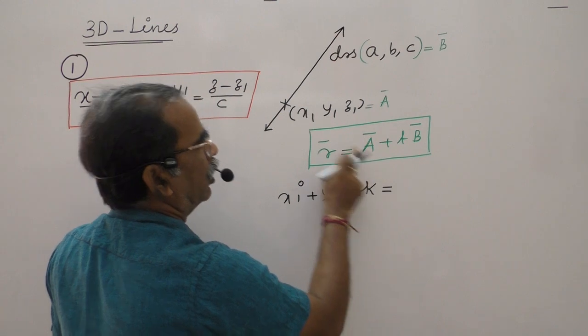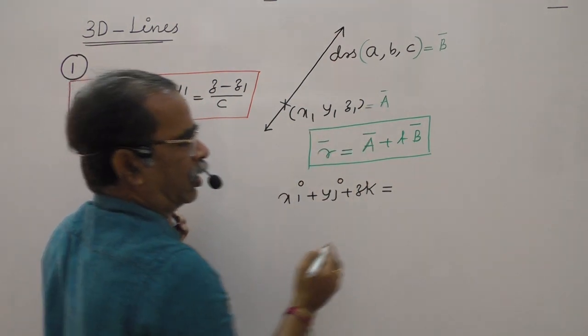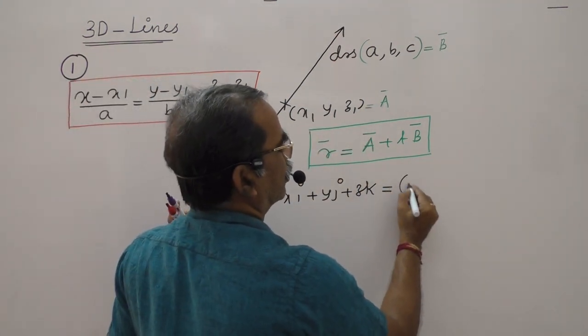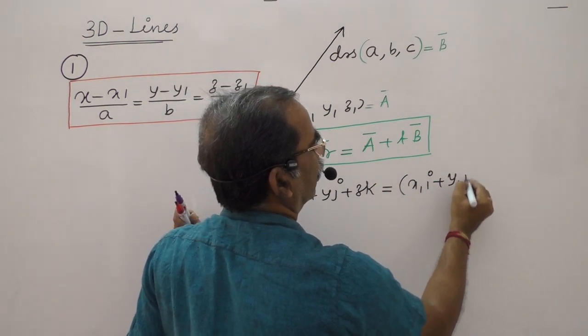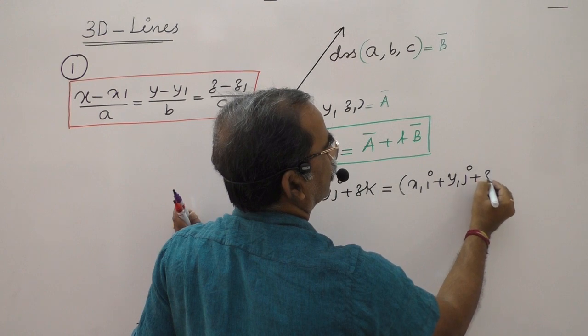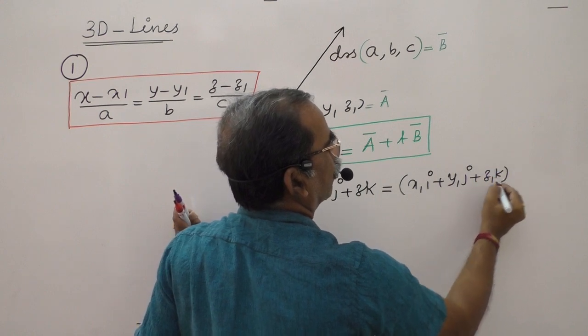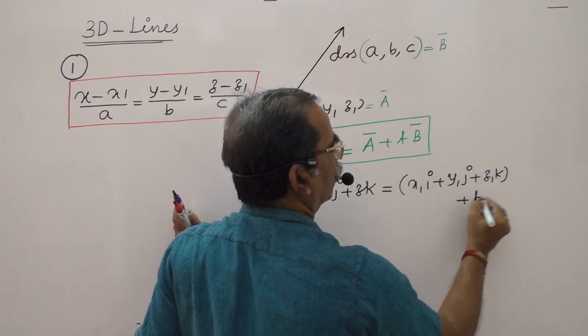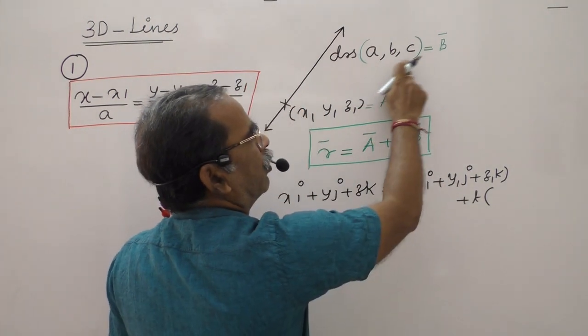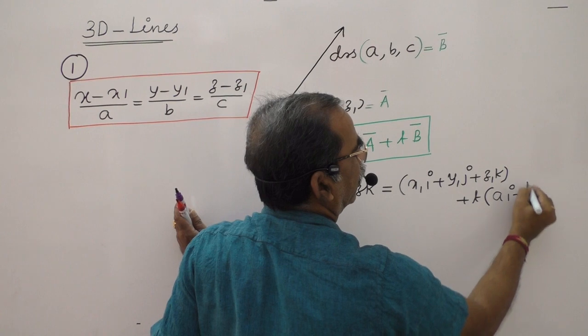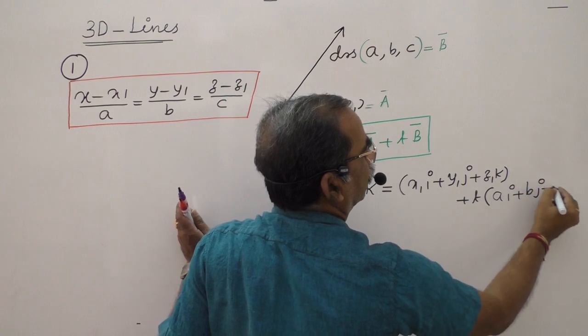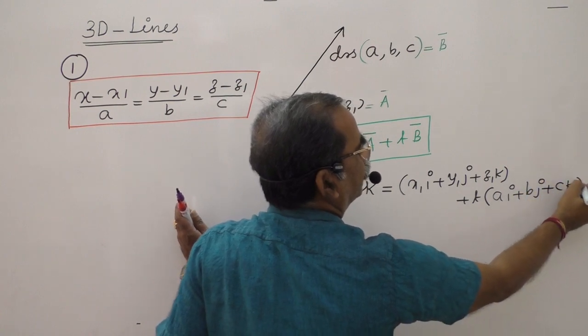What is a bar? A bar is this point here. If I write in vectors, this will be x1 i plus y1 j plus z1 k plus t into b bar. What is b bar? The parallel vector. In vectors, this is ai plus bj plus ck.